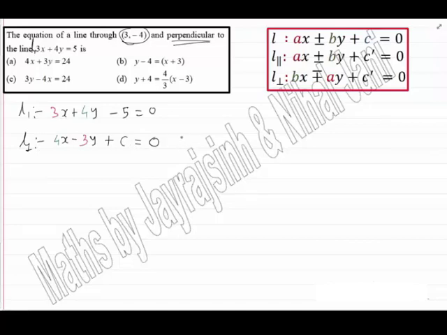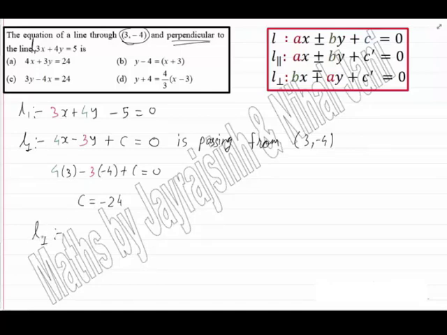To get this c we are going to use the point. We know that this perpendicular line is passing through our point 3 comma minus 4, so we can replace x by 3 and y by minus 4. So here we are going to get c is equal to minus 24. So we can say our required equation of the line which is perpendicular to L is 4x minus 3y minus 24 is equal to 0.